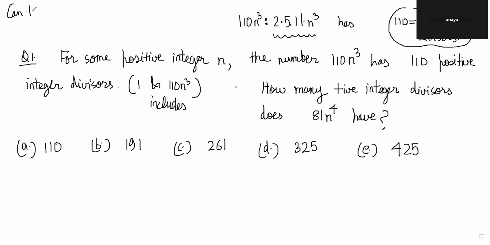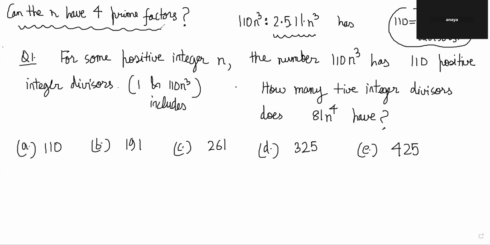Can the number n have 4 prime factors? Or can the number 110 n cube totally have 4 prime factors?